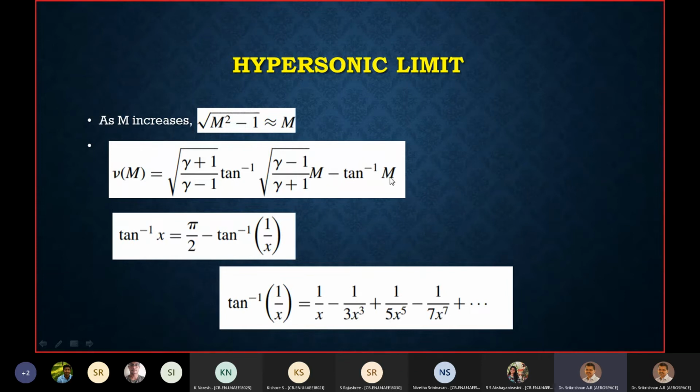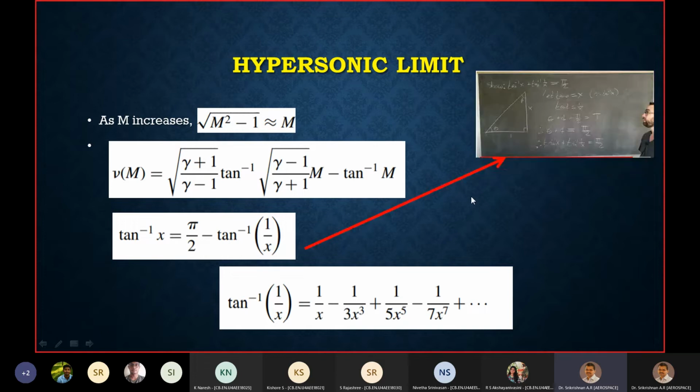Now, tan inverse x can be written as pi by 2 minus tan inverse 1 by x. You would have done this derivation in your plus one, plus two trigonometry, I guess. It is one of the fundamental results when you study inverse functions: tan inverse x is equal to pi by 2 minus tan inverse 1 by x. In case you don't remember, I felt lazy to do the whole thing again, so I took a screenshot from a derivation somebody has done on YouTube.